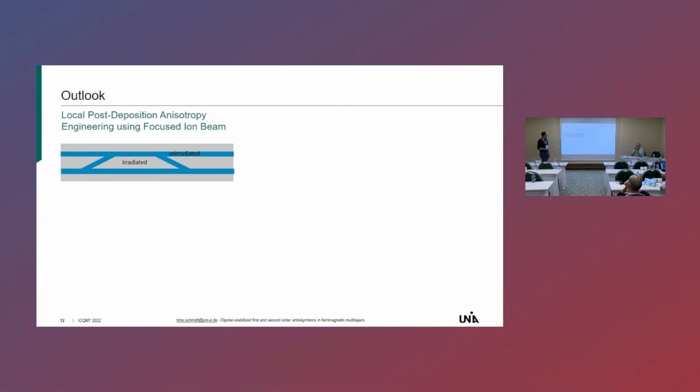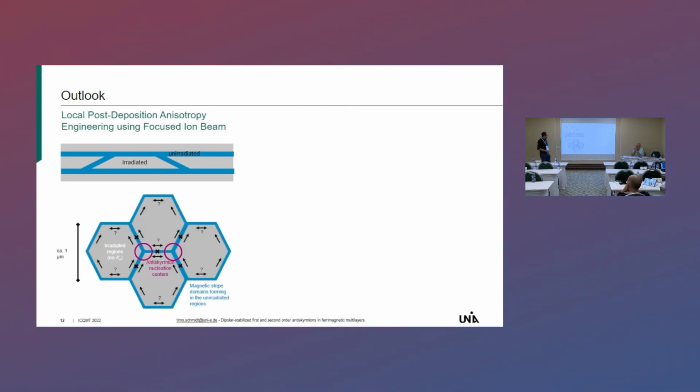We could do things like these artificial racetracks, where you don't need nanostrips, but could use it that way. Or what you can also do is something like this, where you have these hexagonal irradiated regions, which leaves these crossings where the skyrmions, or the stripe domains, can meet.